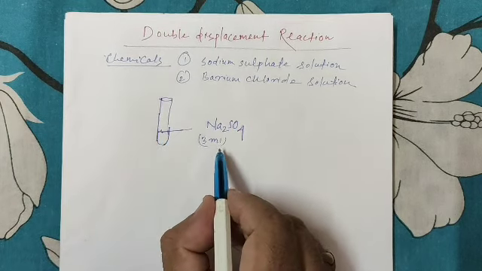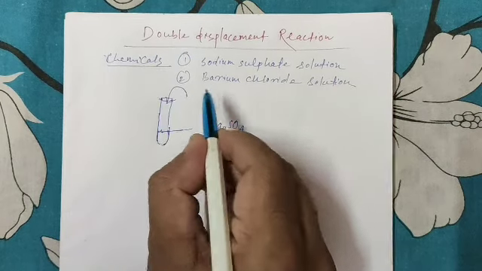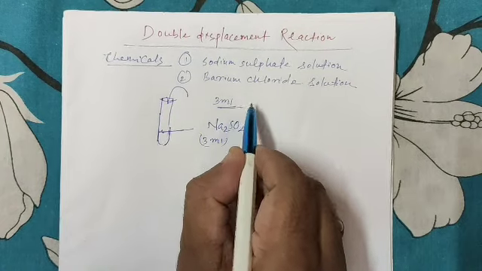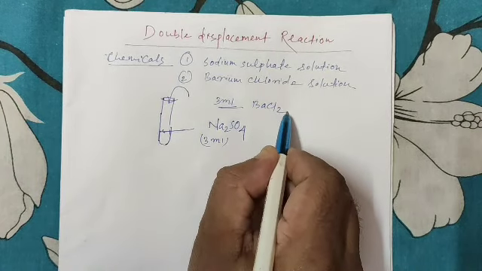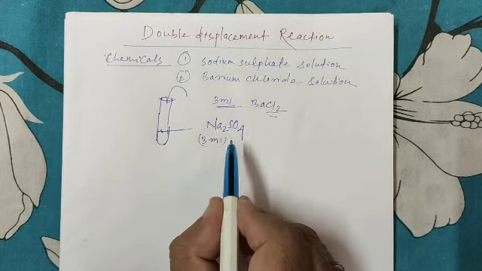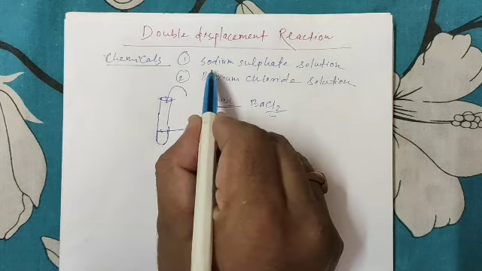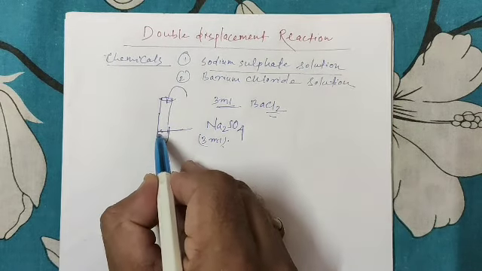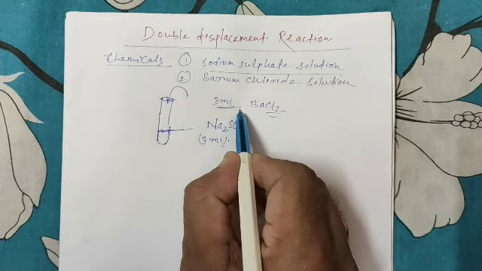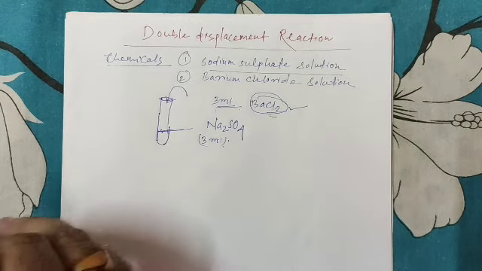Here I will add 3 ml of barium chloride solution. In this activity, first I am taking 3 ml of sodium sulfate solution in a test tube, and to this test tube I added 3 ml of another solution, that is barium chloride solution.